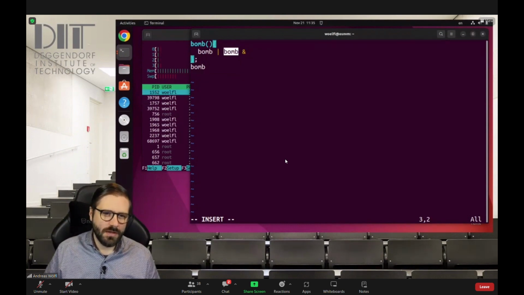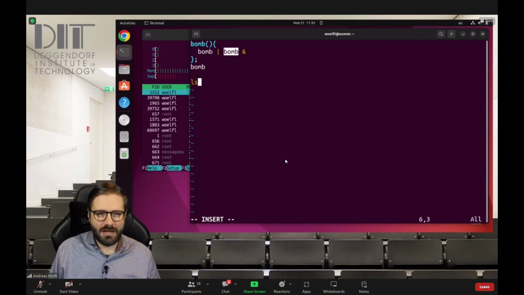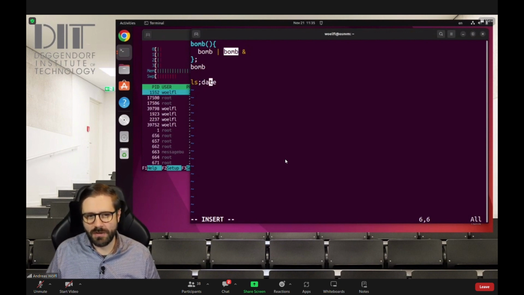The semicolon is a separator of commands. So if you have a line and you want to have two commands in the line, for example the ls command and the date command, you can separate these two commands with a semicolon.